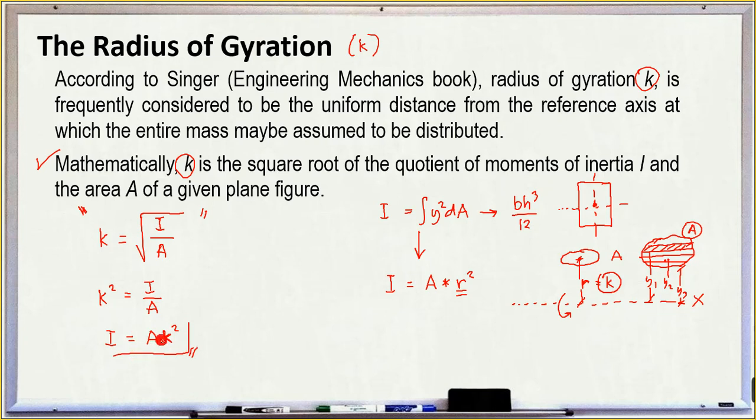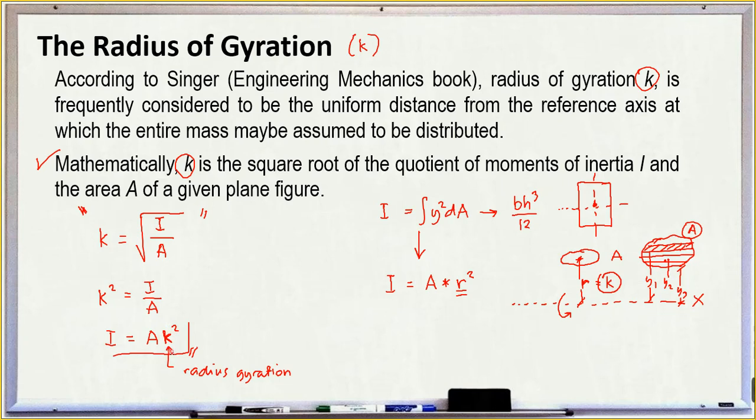Any object, even a complex one, as long as you know its radius of gyration, you can easily solve for its moment of inertia without performing those lengthy integrations.